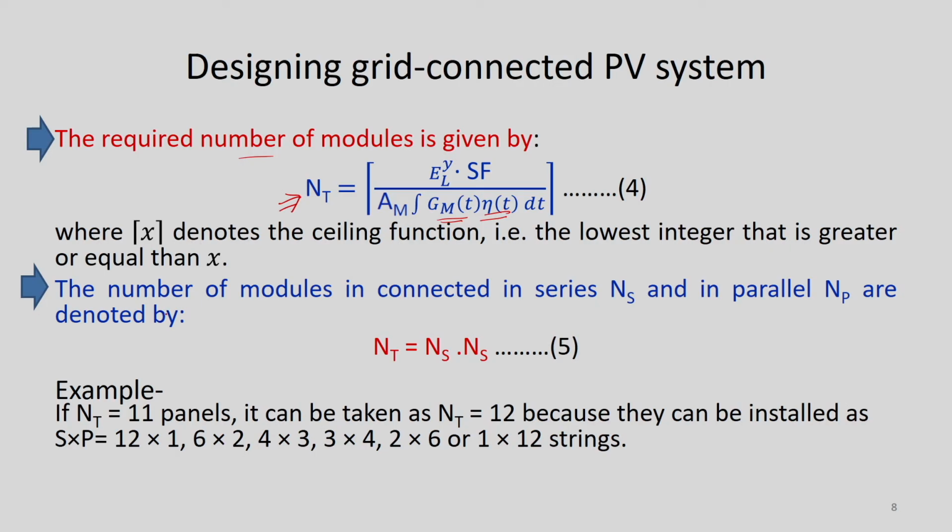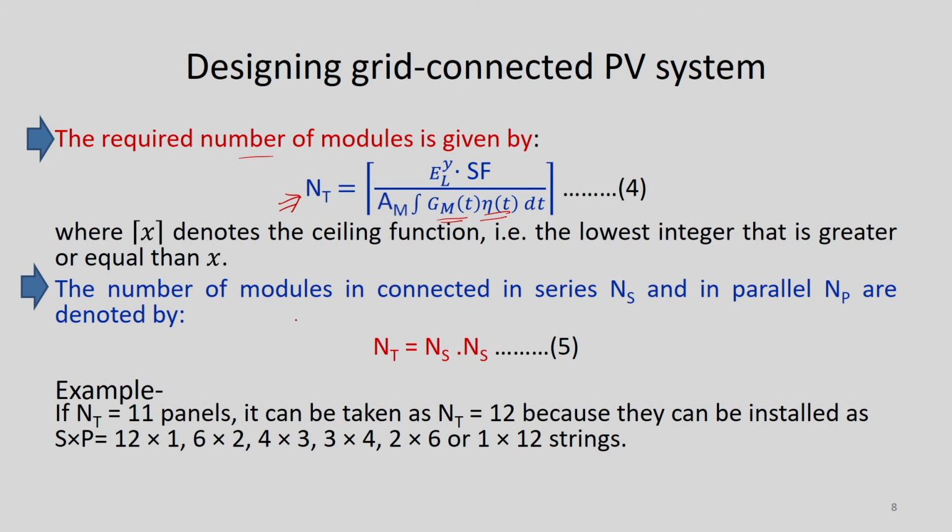Now, we need to know how you are going to connect those modules, because we need to connect them in parallel and series. Okay. So, how will this configuration look? How many modules will be in series? How many modules will be in parallel? Okay.